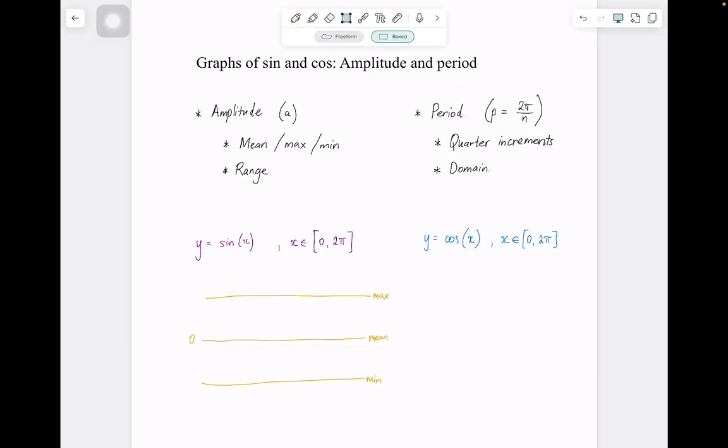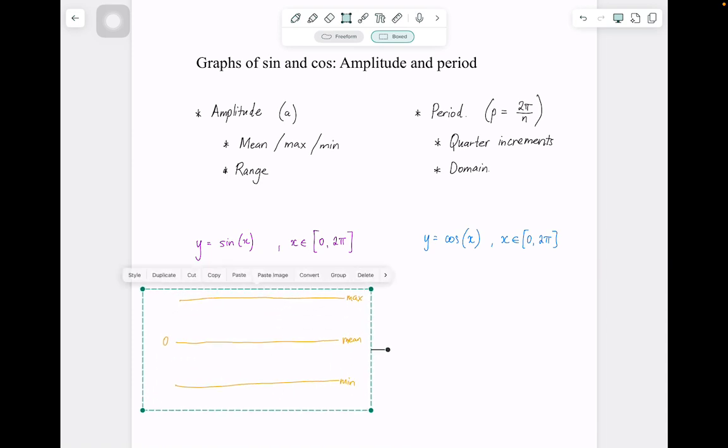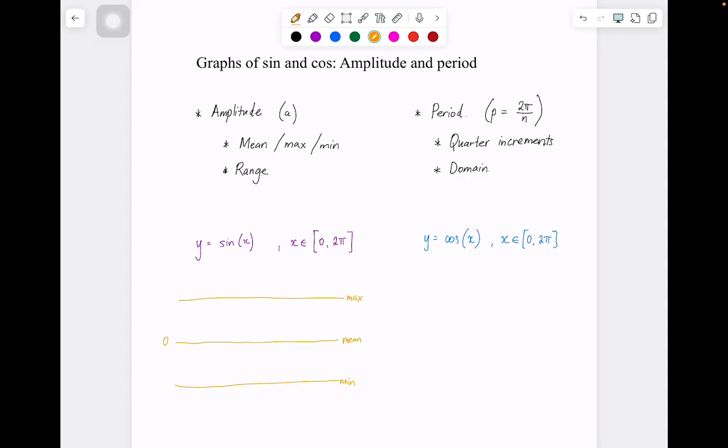When we look at the amplitude of a graph, we need to look at the mean line first. Now the mean line is usually 0 because we don't have a vertical translation there where we're adding a particular number or subtracting a particular number. We'll look at this later on when we do transformations of sine and cos.